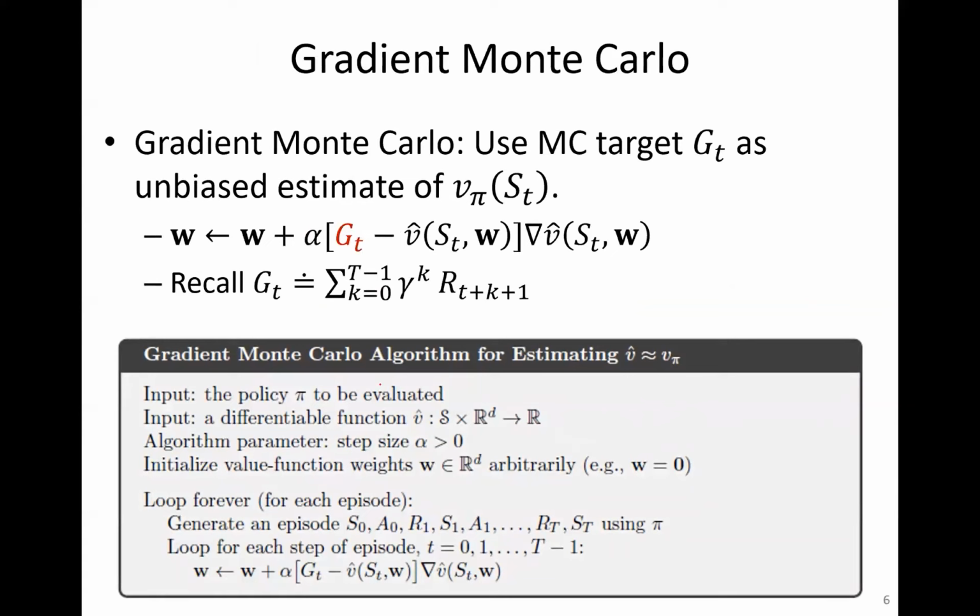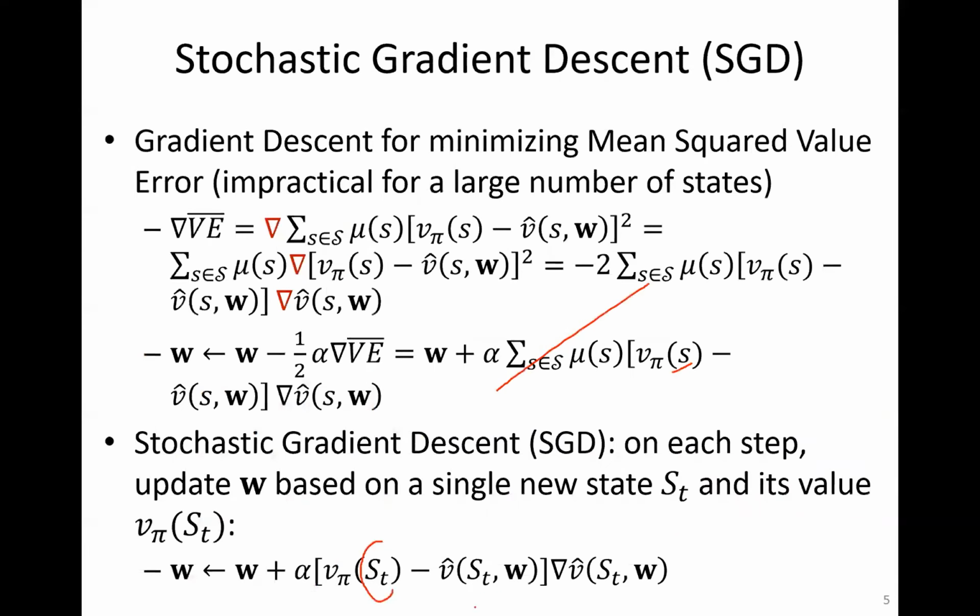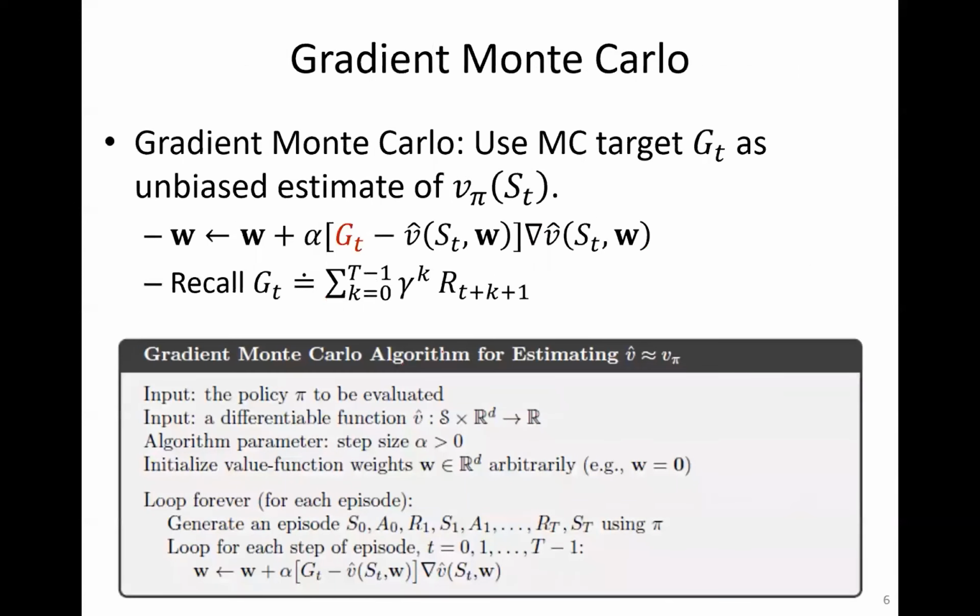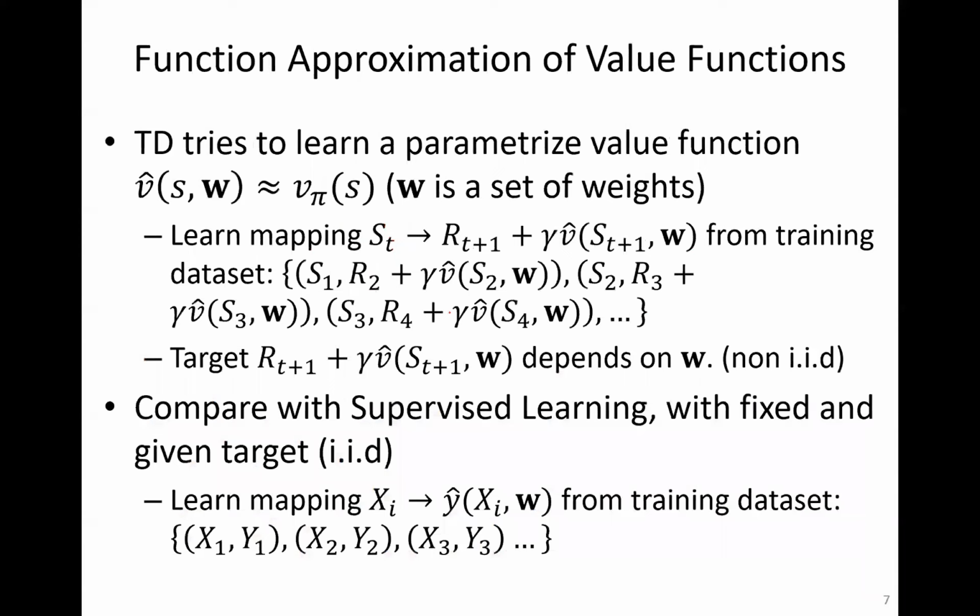And at every step, you update the W using G_t to replace the ground truth v pi of S_t. Remember, G_t is a return from the current time step until the end of the episode. So that's gradient Monte Carlo.